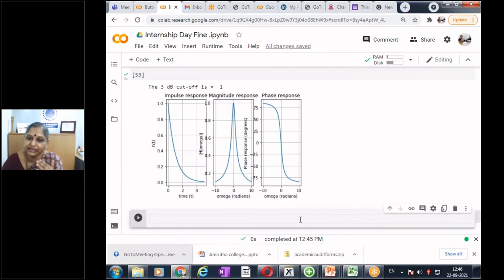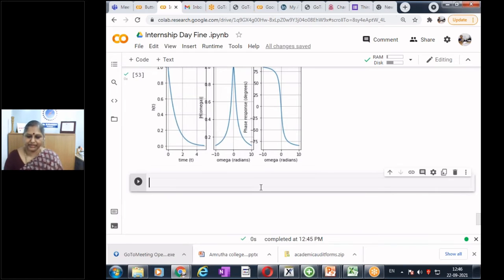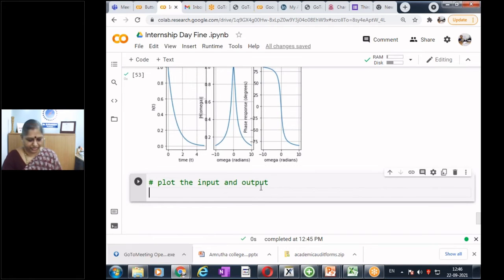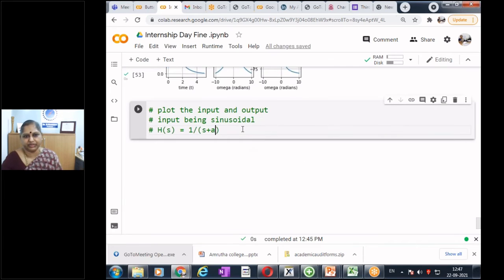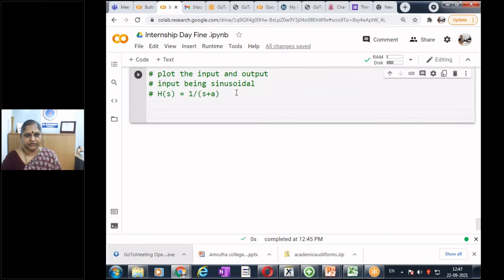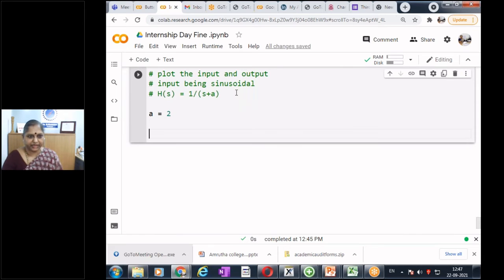We saw this in Multisim. We have seen the impulse response, magnitude response and phase response. Now we will plot the input and output for a sinusoidal input, and my system is once again H of s equal to 1 by s plus a, with a equal to 2.